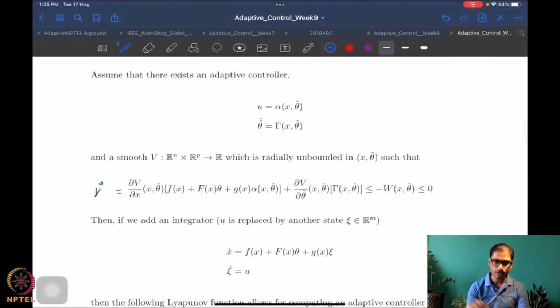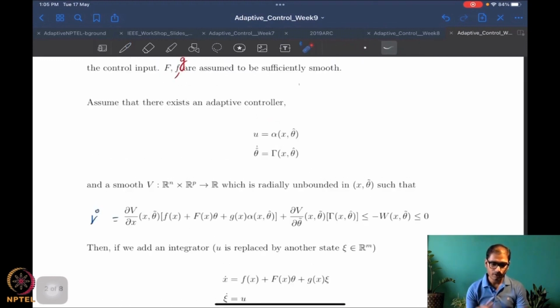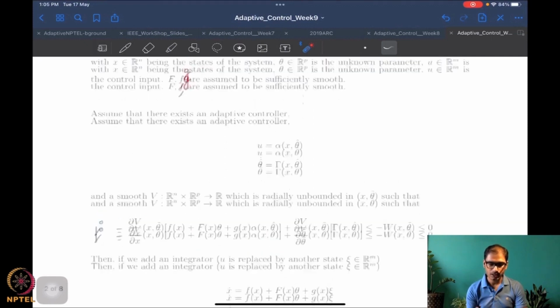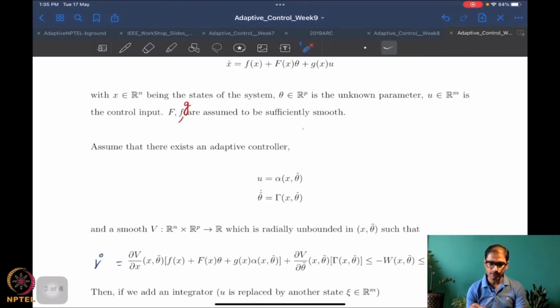Because V is a function of x and theta tilde, first I take the partial with respect to x, then I multiply it with x dot. Because x dot now contains the control, this gets substituted here, so this is the closed loop system: del V del x times f(x) plus F(x) theta plus g(x) alpha. So this is del V del x x dot plus del V del theta tilde theta tilde dot.